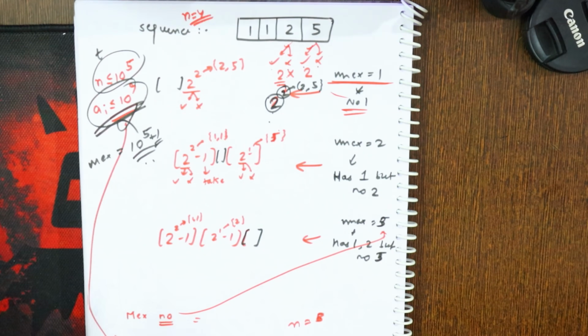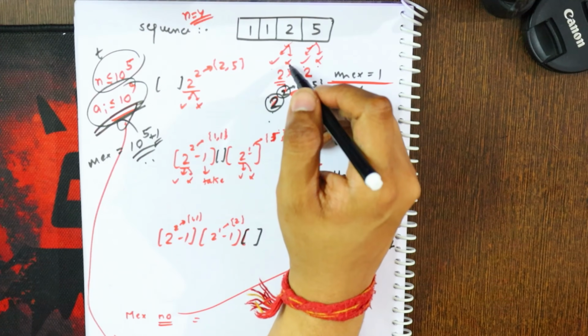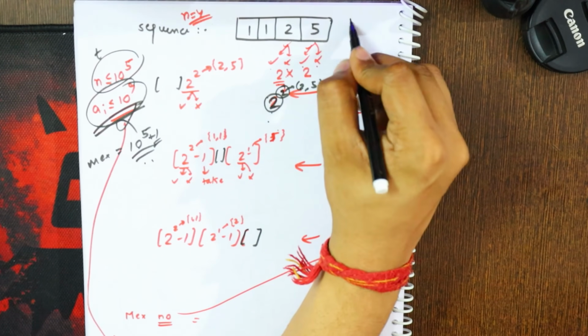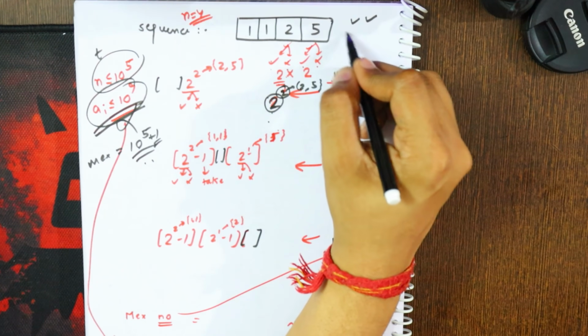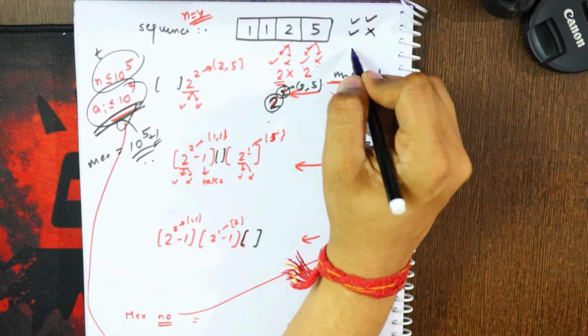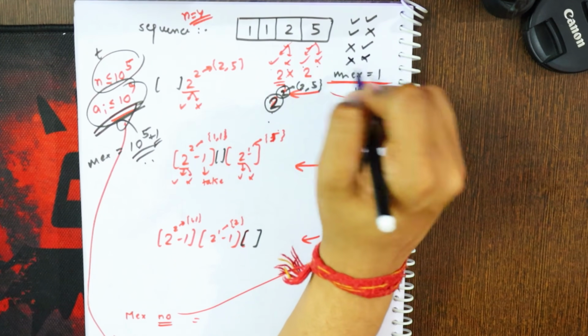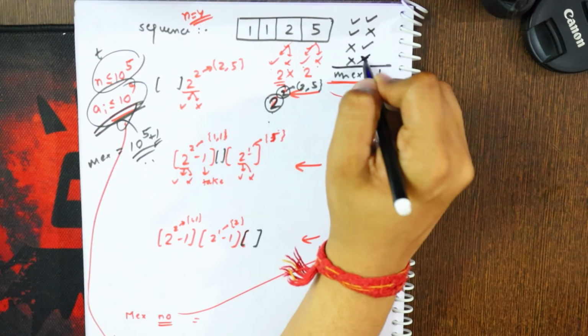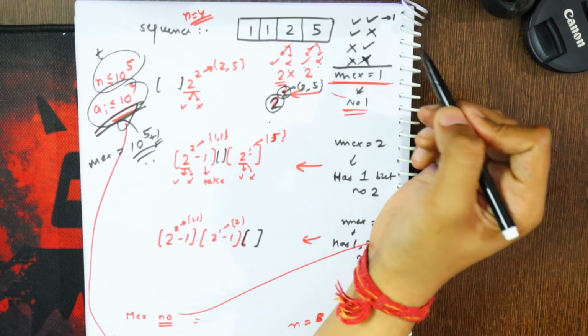See the basic intuition you are having. Now you will say, Aryan, if I say I will have it or I will not have it, there are cases. Either I will have both, or I will have 2 and not 5, or I will have 5 and not 2, or I will not have both of them. The case when we have both, MEX is still 1.